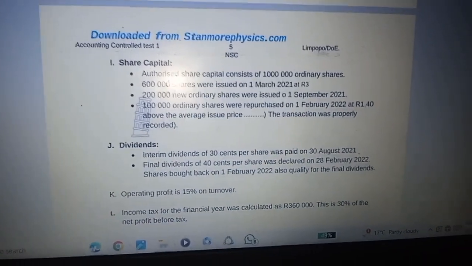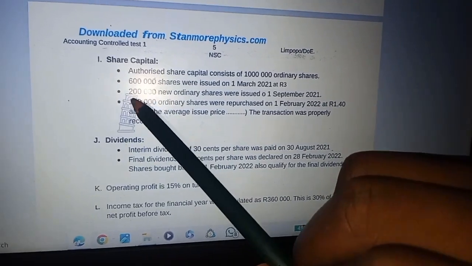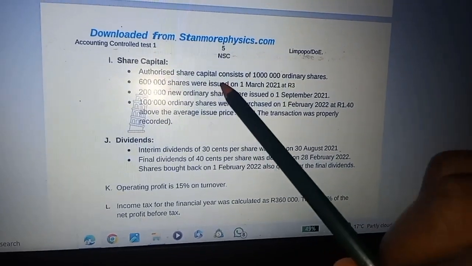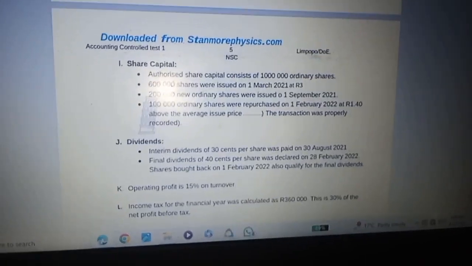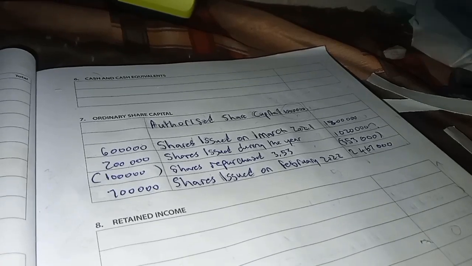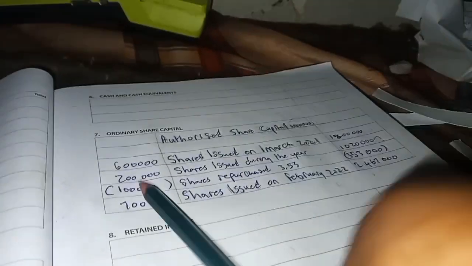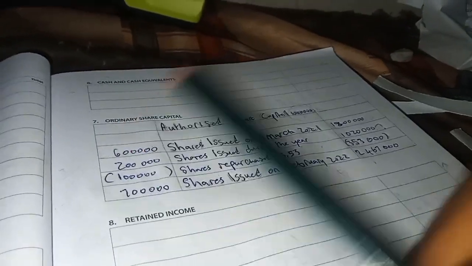Then firstly here we have to follow this formula. They say 600,000 shares were issued on 1 March 2021 at 3 rands per share. First, we have to know our table consists of three columns: the shares column, then the description column, and the amount column.